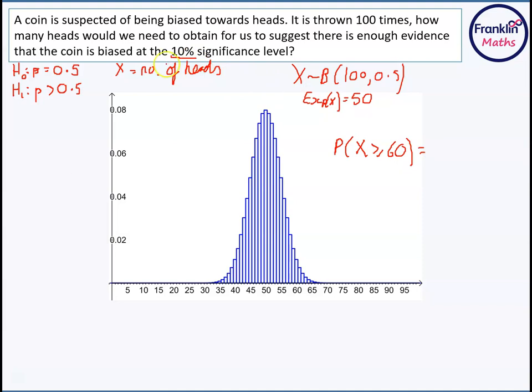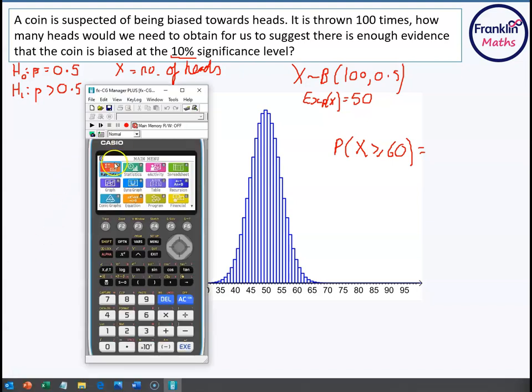Just going to grab the calculator. So over to stats mode, distribution, binomial, so BCD. My lower is going to be 60. My upper, well, the maximum number of heads I could have got was 100.